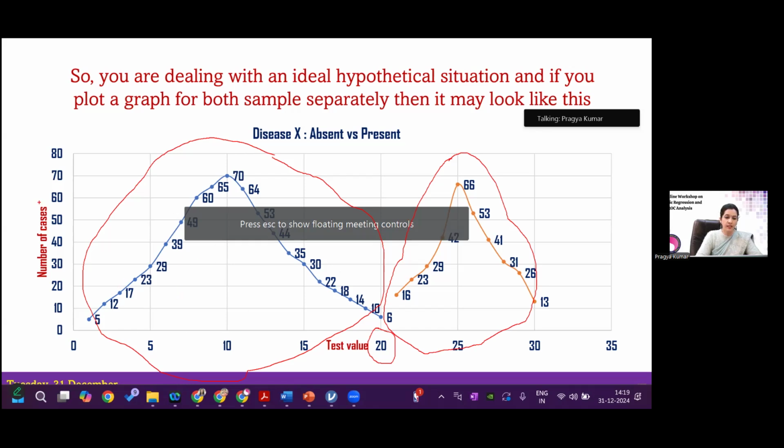You can see this is the number of cases, and these are the two graphs, and there is no overlap because they are very separate. The right one says that the person is diseased, and the left one says that the person is healthy.